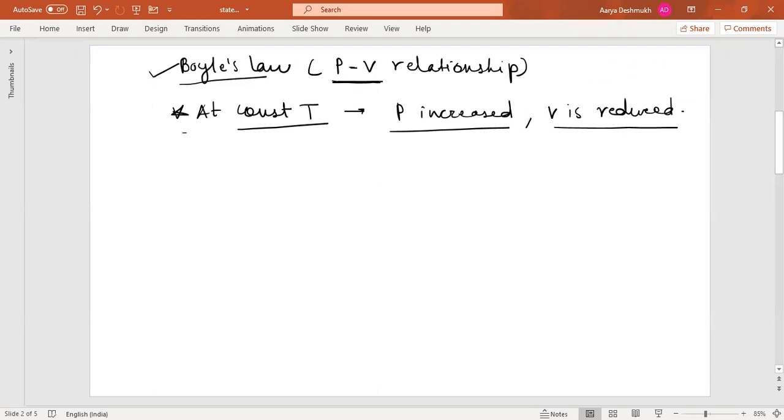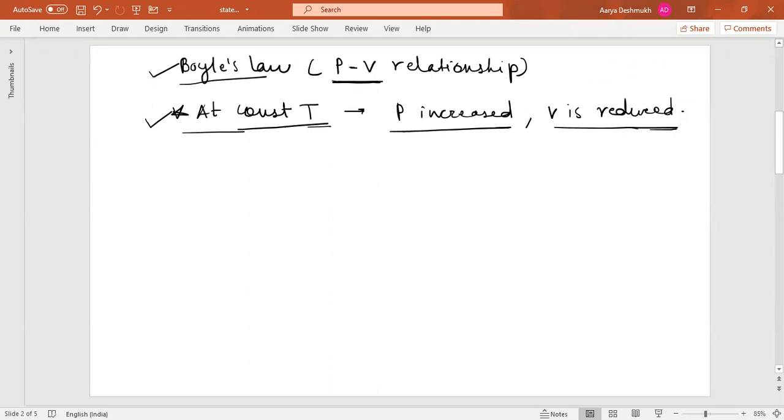So when you write Boyle's law, there should be no confusion at all. This Boyle's law happens at constant temperature. This is the necessary condition for Boyle's law. When pressure is increased, volume is reduced, and vice versa. Means when volume is increased, pressure is reduced.